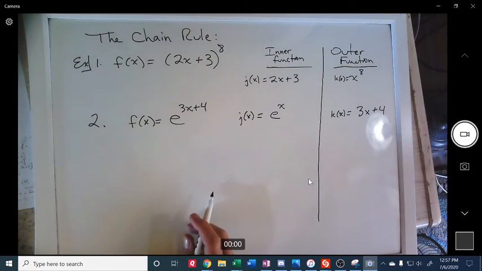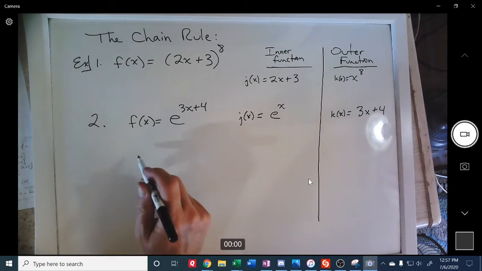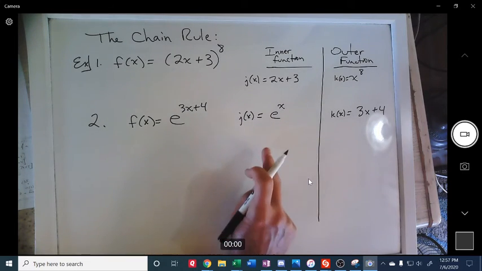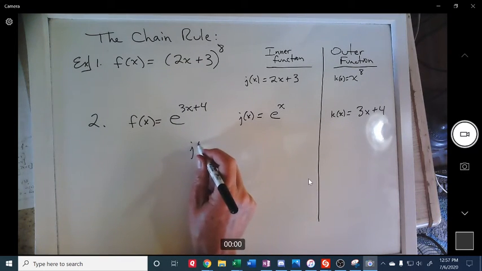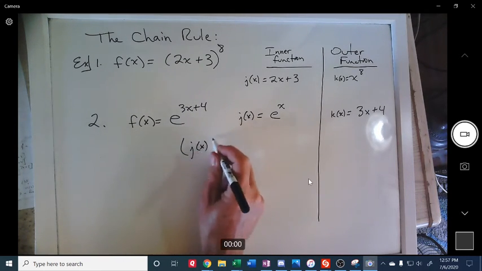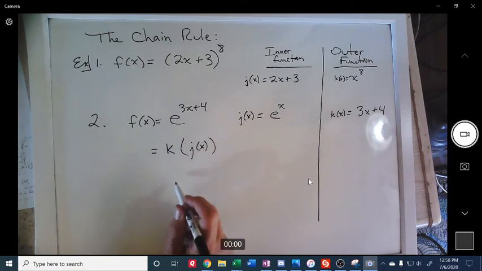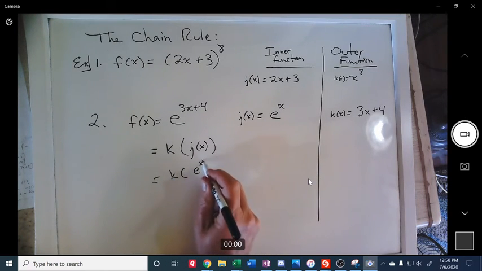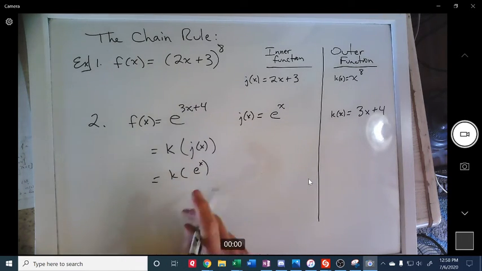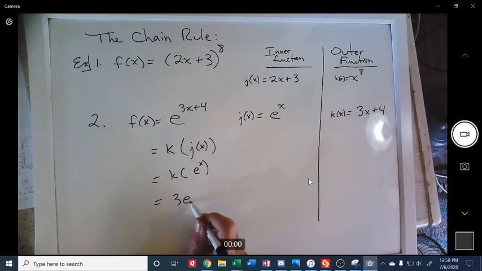Let's check it out. If that's the case, then the inner one would be j, the outer one would be k, and this would be e to the x, replace the inner one with it, and then k of anything is 3 times that thing plus 4.